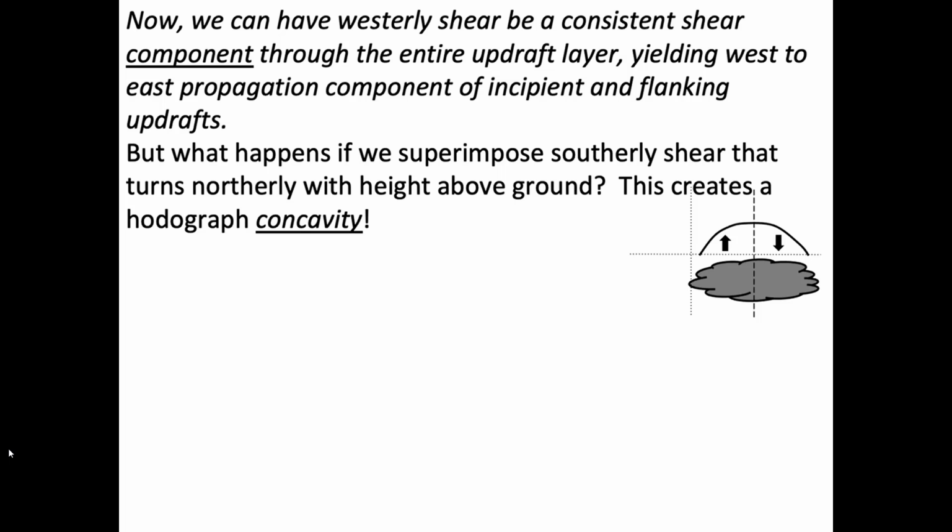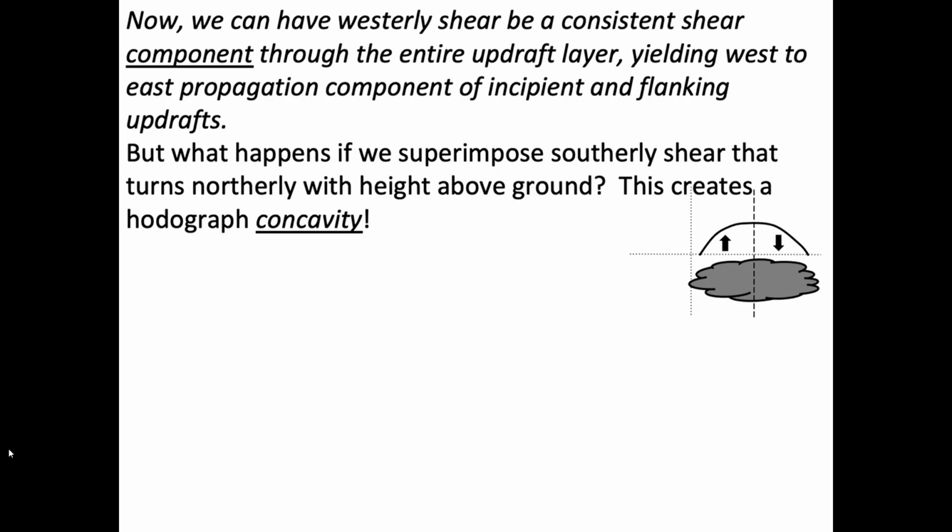Now, as you can see, through the deep layer, if we connect 2 points to create a chord on the photograph from the low levels to the upper levels, we have westerly shear through the deep layer. In fact, every single tangent to this photograph has a west to east shear component.